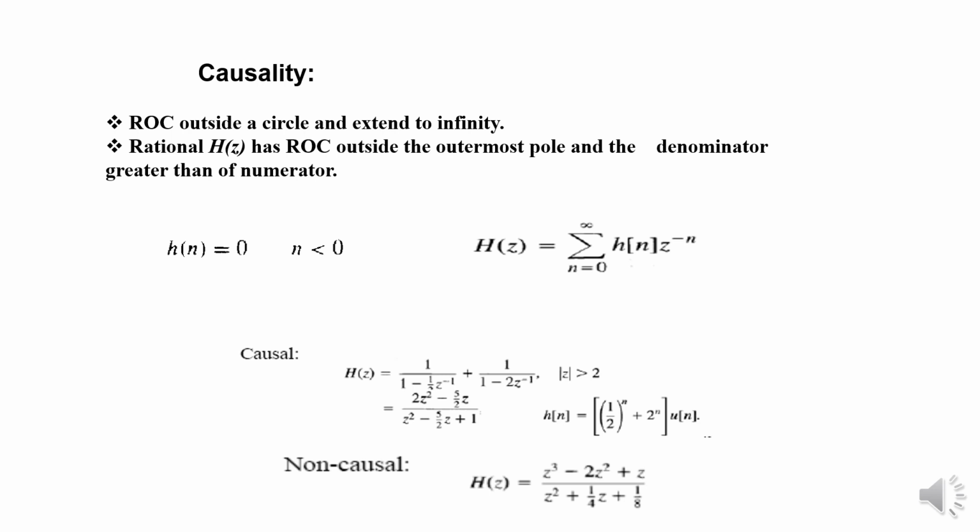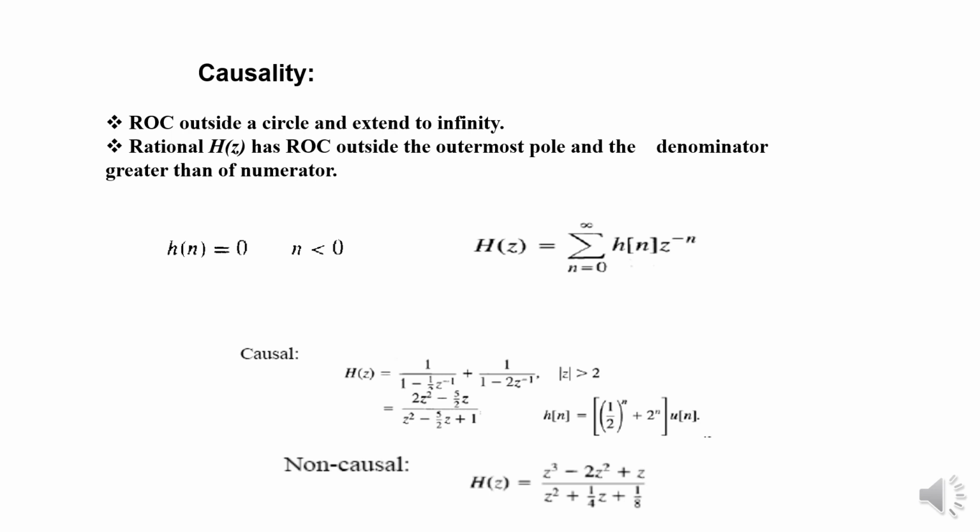So the ROC is outside the outermost pole, and the denominator degree is greater than the numerator, which means the numerator cannot divide by the denominator. That is what it says.